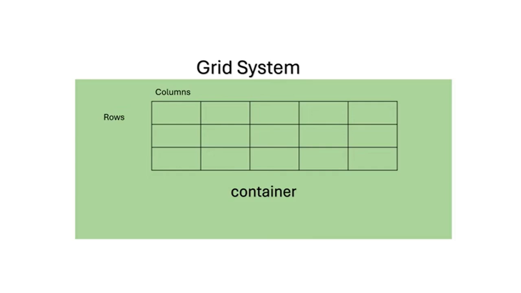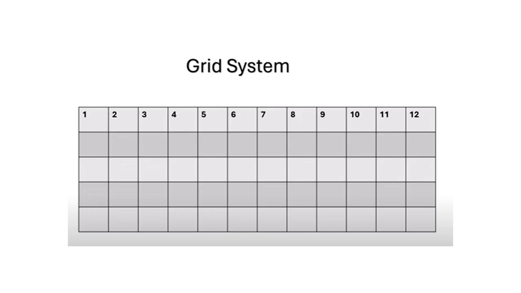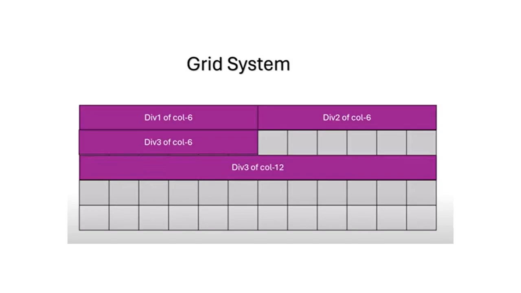So the rows must be put inside the container. But always remember the grid system consists of 12 columns. If you go more than that, it will go to the next row. For example, the first 6 columns are given to one div, and the next 6 columns are given to another div, and if you divide the next 6 columns into another div, it automatically comes to the next row.